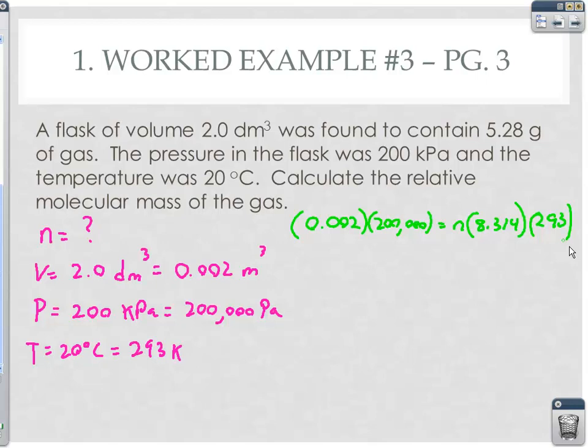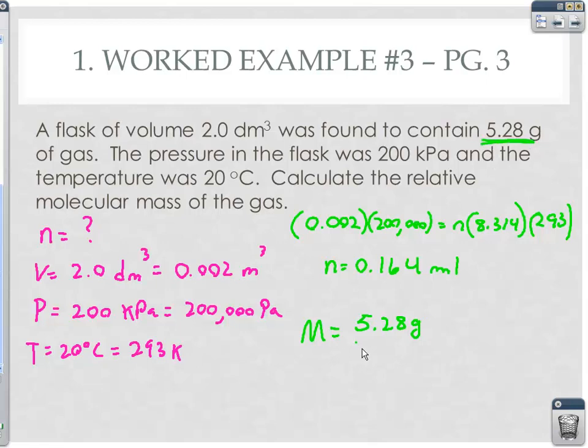Our constant is always the same. To find the moles, we have 0.002 times 200,000 divided by the right side, and our moles is 0.164.